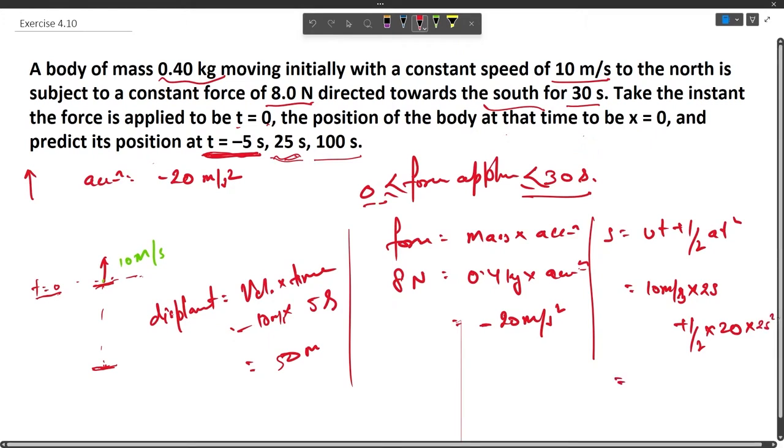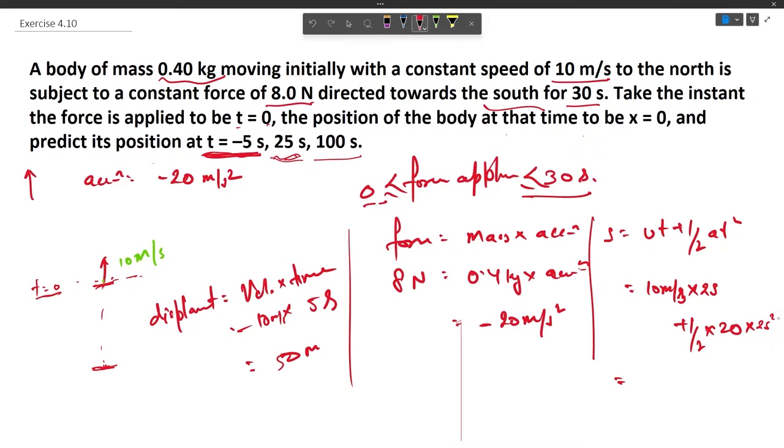Now this would be equal to, so we can do minus here, so this will turn out to be minus. So 250 minus 6250, or it would be minus 6000 meters.